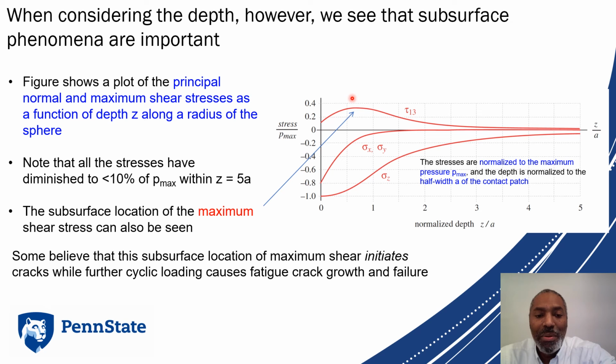Why is that important? Well, it's important because some believe that the subsurface shear stress, because it's maximized at that location, becomes a nucleation point for failure in metals, because metals fail in shear.